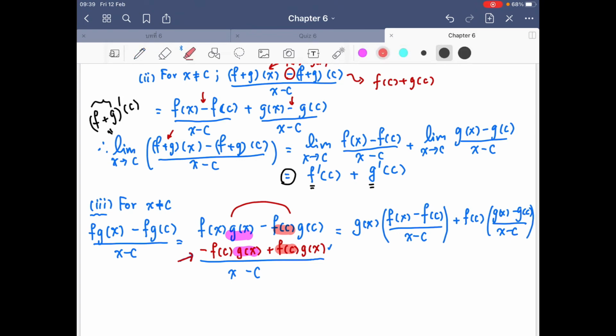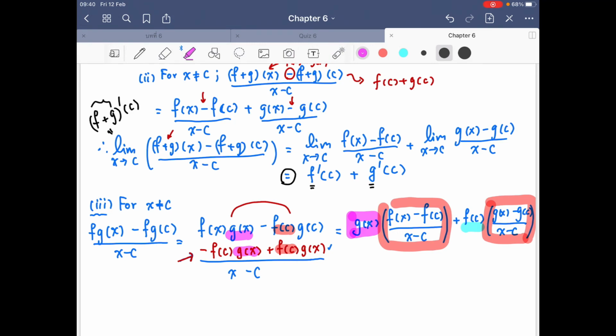And again, for each quotient, the limit as x goes to c exists. The limit of a constant is just that constant itself. The only problem that we may have is the limit of g(x) as x goes to c.